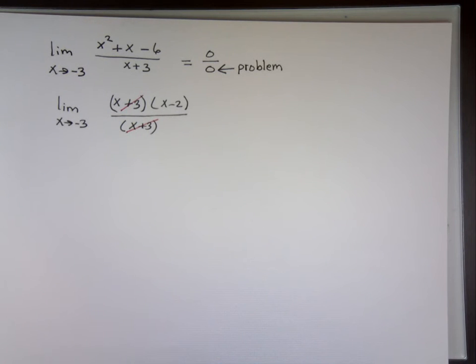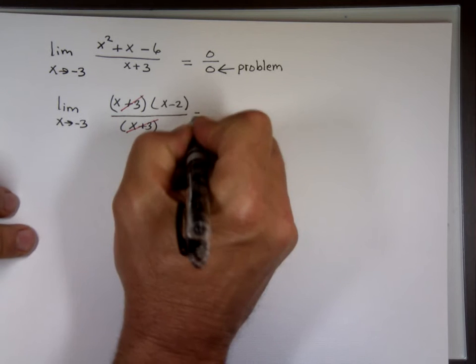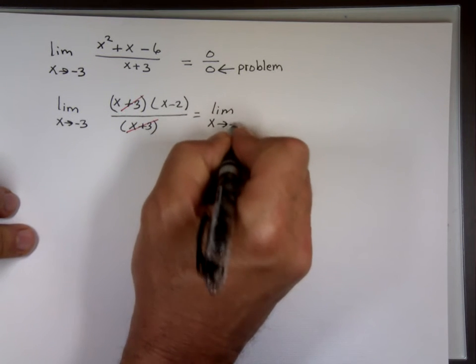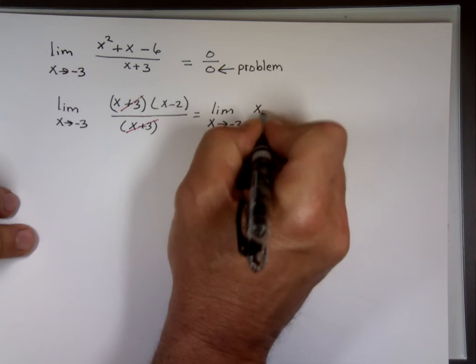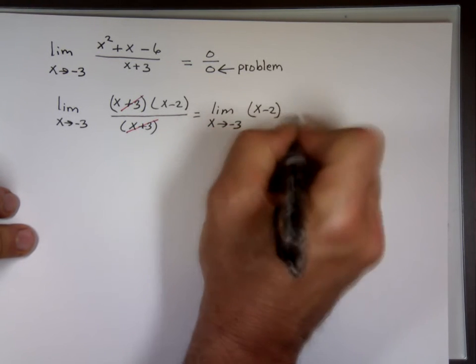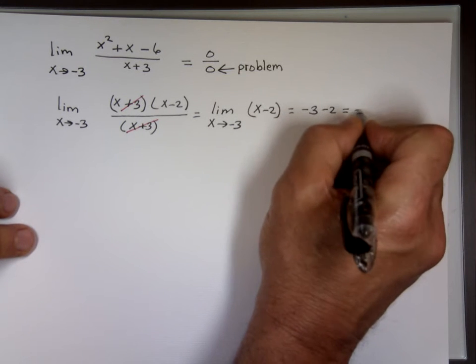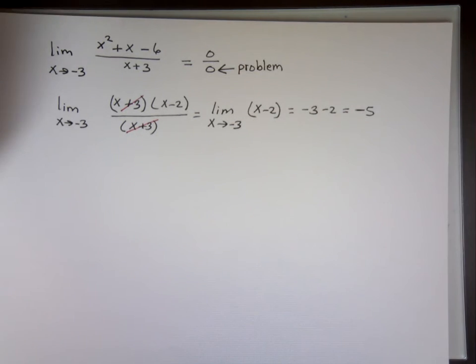This becomes the limit as x approaches negative 3 of x minus 2. Now try direct substitution. Negative 3 minus 2, which is what? Negative 5. Done. No table, nothing.